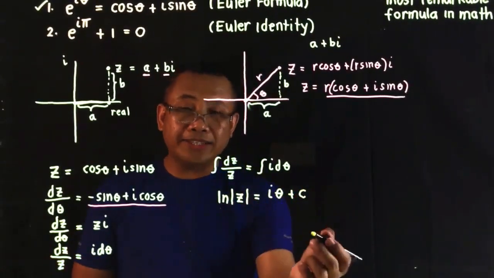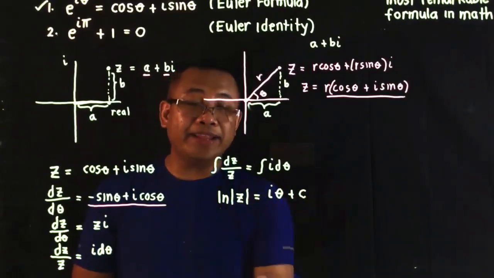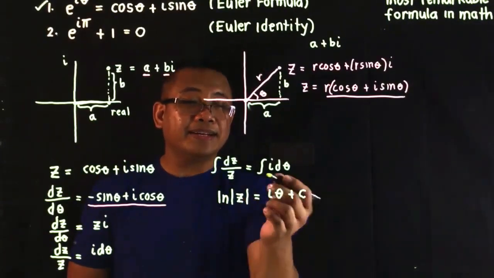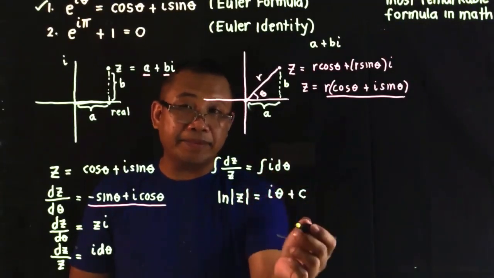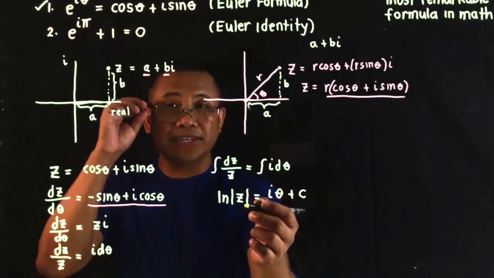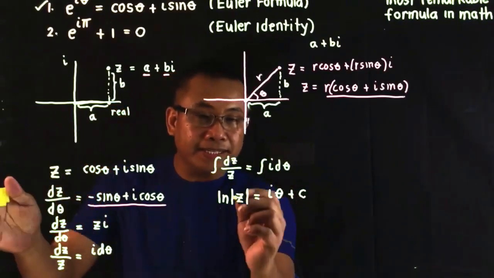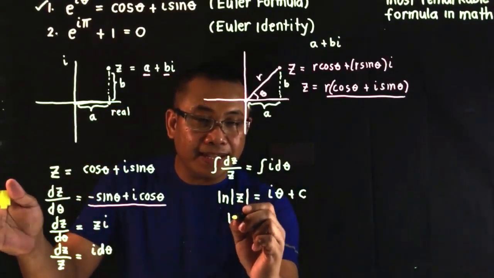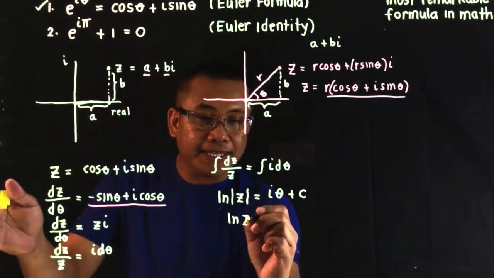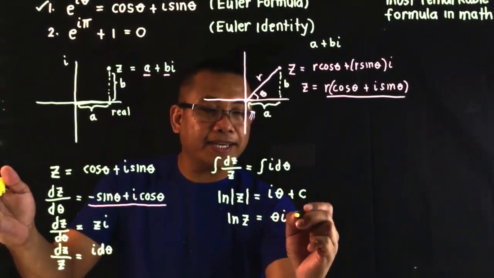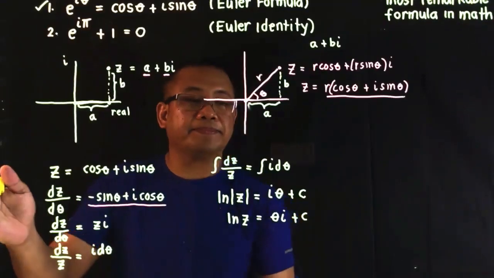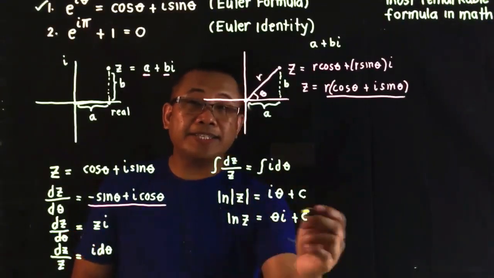Now, since we do not restrict our domain here to the set of real numbers, the argument for ln can also be any number. It's not only restricted to the absolute value of z. So therefore, we can just write this as ln of z is equal to theta times i plus c. And then we take the exponential of both sides.